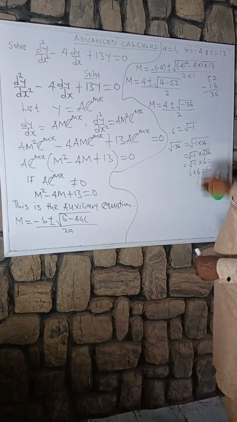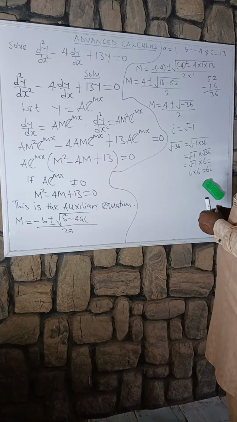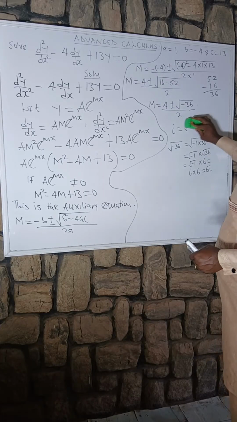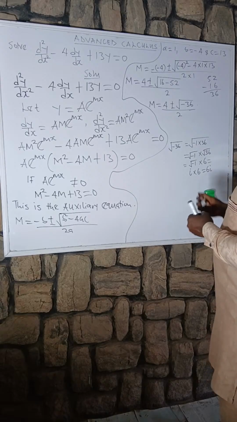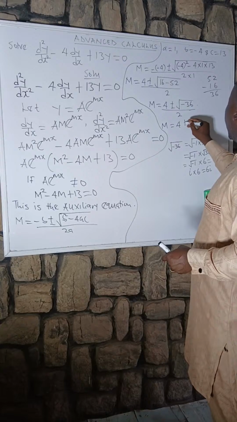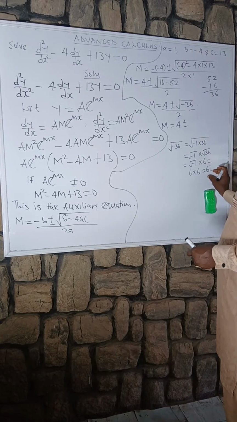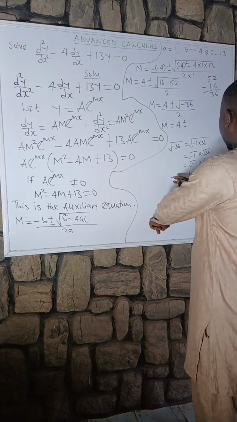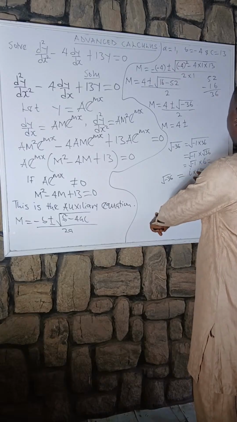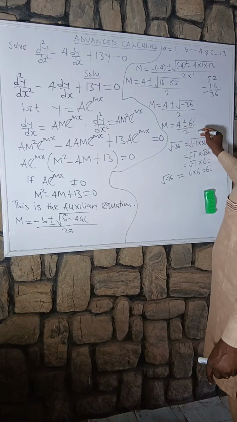So this implies that our m is equal to 4 plus or minus, because the square root of minus 36 is equal to 6i, all over 2.